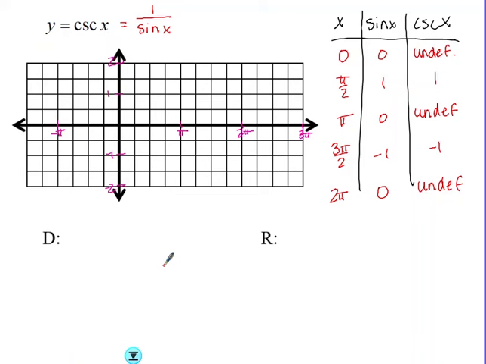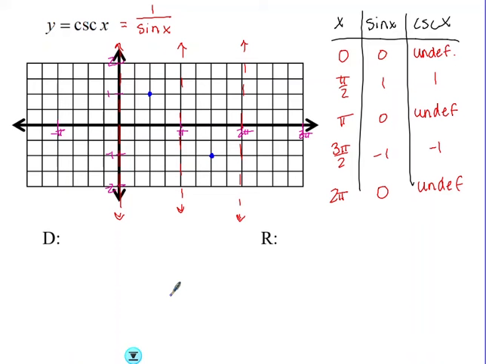So we are going to have asymptotes at 0, pi, and 2 pi. And then we have points at pi over 2, 1, and 3 pi over 2, negative 1.